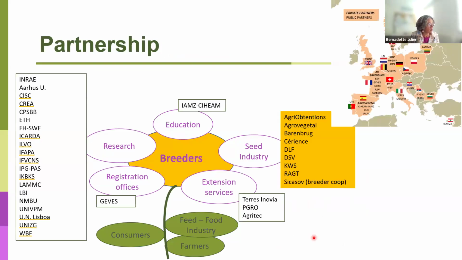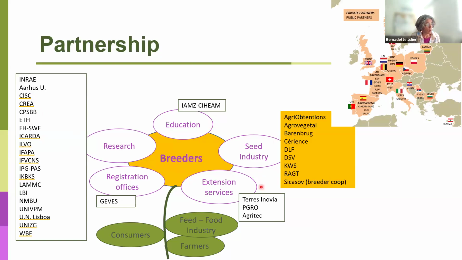The partnership is composed of different types of participants based around the breeders. The breeders are at the heart of the project. We have research institutes, and some of them are also breeders, they are underlined in yellow. We have one registration office. We have an education partner here, and we have, of course, the seed industry represented by breeders, and also a breeder cooperative.